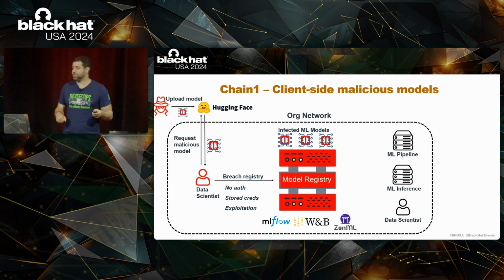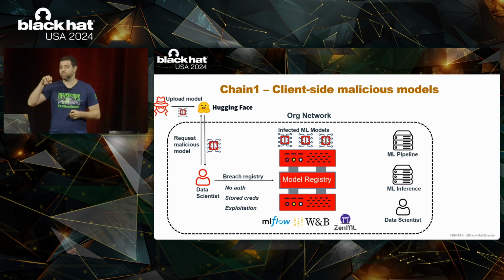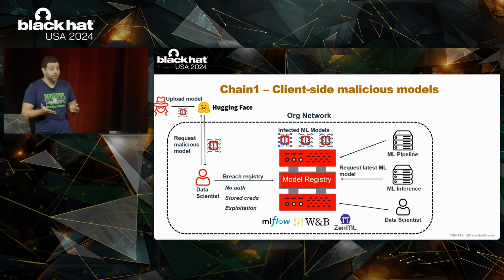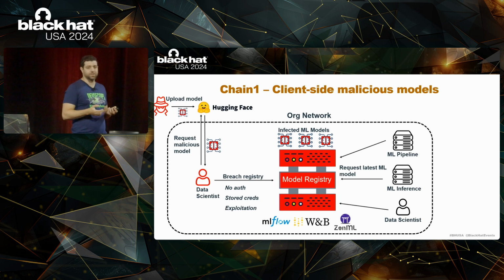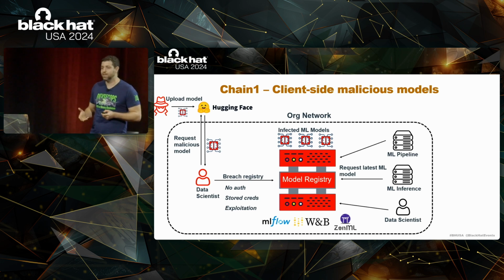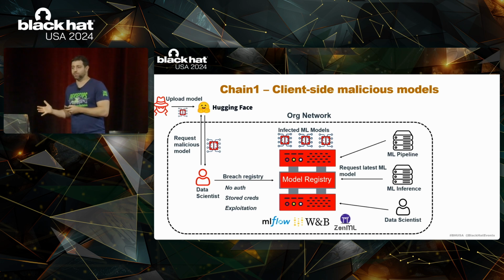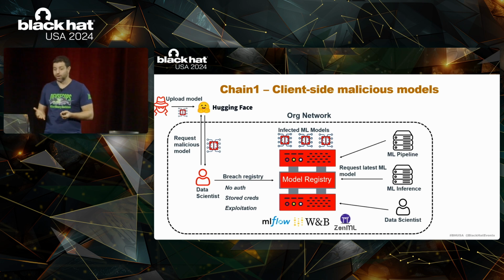So now the model registry is infected, and the attacker took all of the models in the registry and added backdoor code to them. So now it means anybody that will load these models, boom, they get code execution. As just regular organization workflow, of course, users and servers and CI/CD are going to load these models from the model registry. This is how it works.